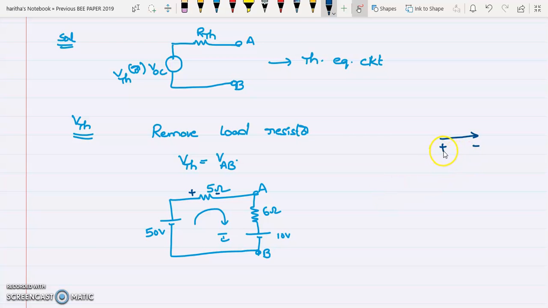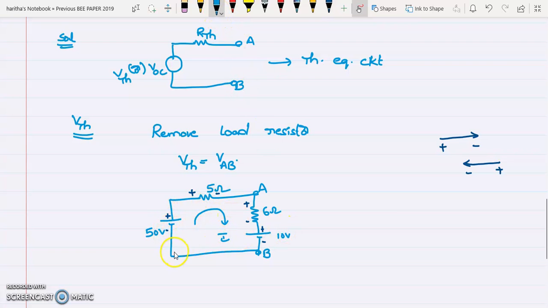Always the current will flow from higher potential to lower potential. Suppose if the arrow mark is like this, then here it is plus and here it is minus. So based on the current direction, I am marking the polarities. For the battery or voltage source, you need not put the marking based on the current direction. Whatever the polarity is given, the battery polarity, you have to take it as it is.